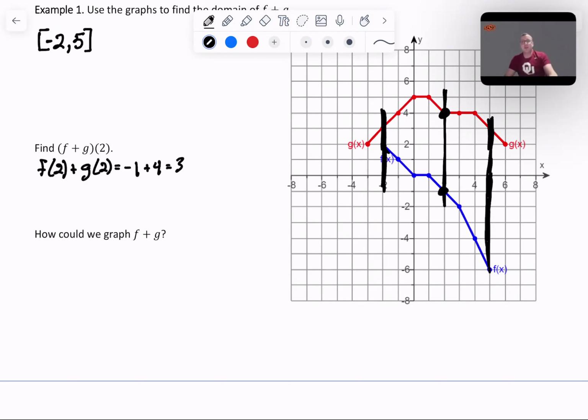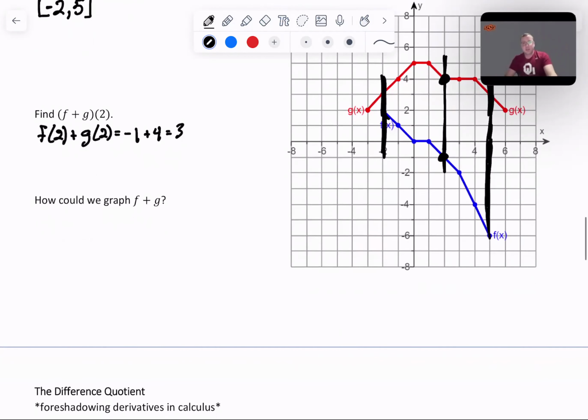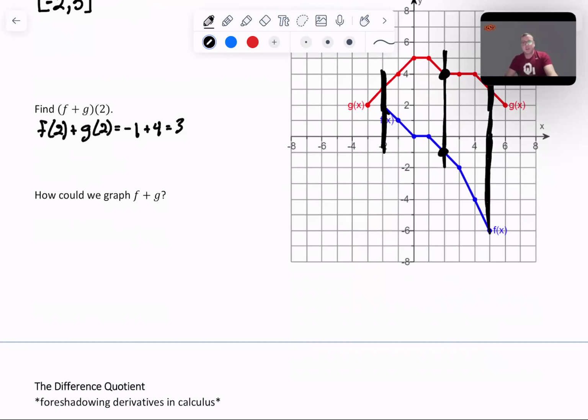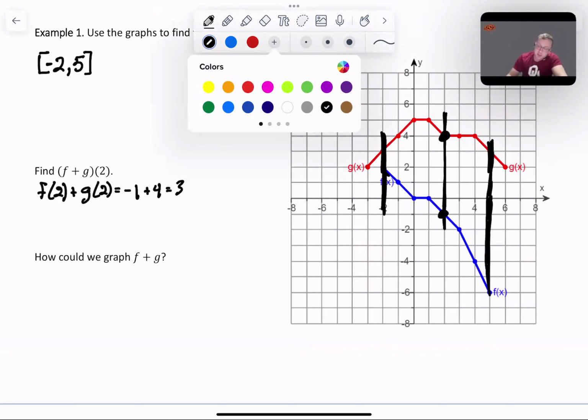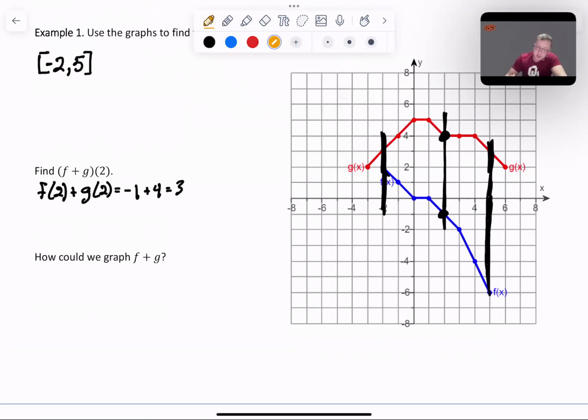Is everyone okay with that so far? Okay, now what I'm going to show you here is how you would graph f plus g, the entire thing. So I'm going to go to another color, orange.